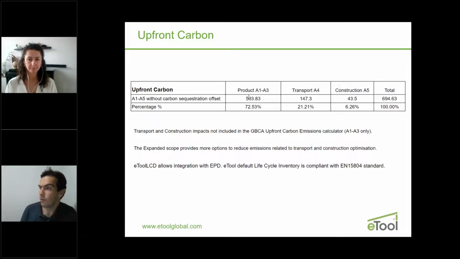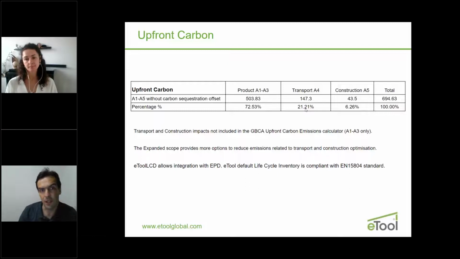So you see from this the total final design impacts, this is on a per meter square basis. Almost over 27% of the total impacts are coming from transport and construction.